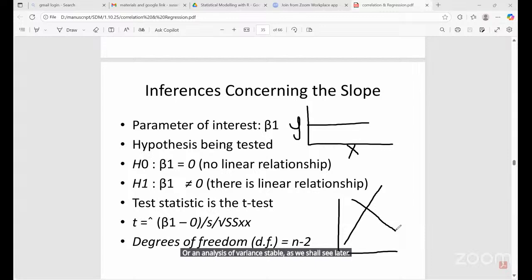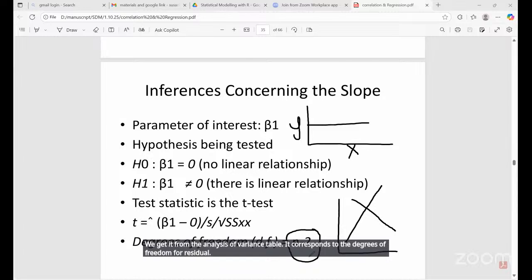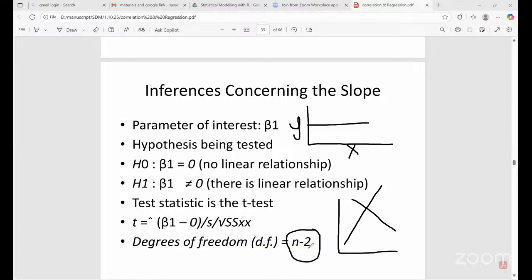Now, the t-test has a formula here, which is B1 minus 0 over the standard deviation of the data over the square root of the sums of squares, which we've already defined. And this t-test corresponds to degrees of freedom n minus 2. N minus 2, we get it from the analysis of variance table. It corresponds to the degrees of freedom for residual. Where do we get the 2?